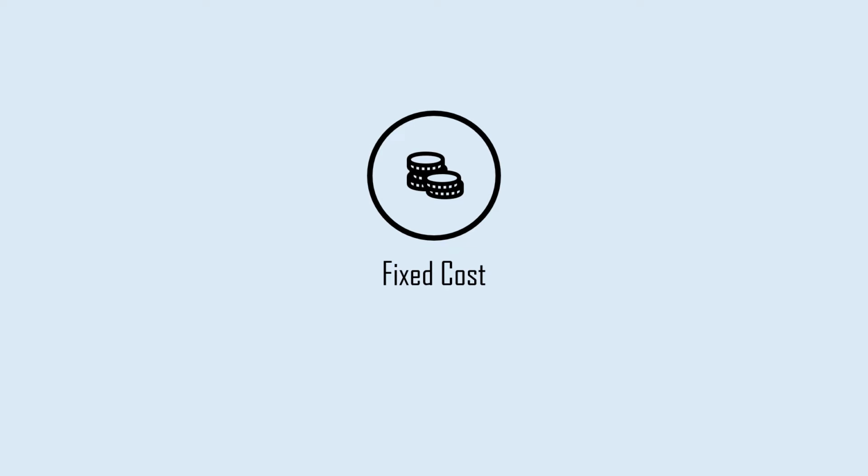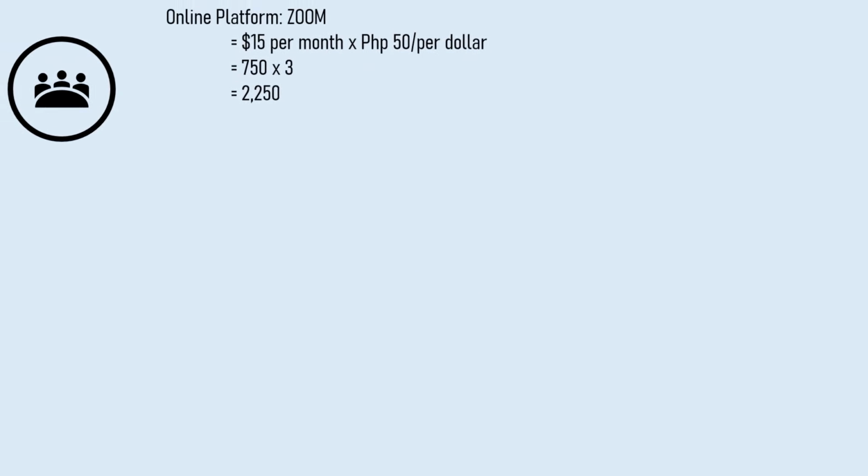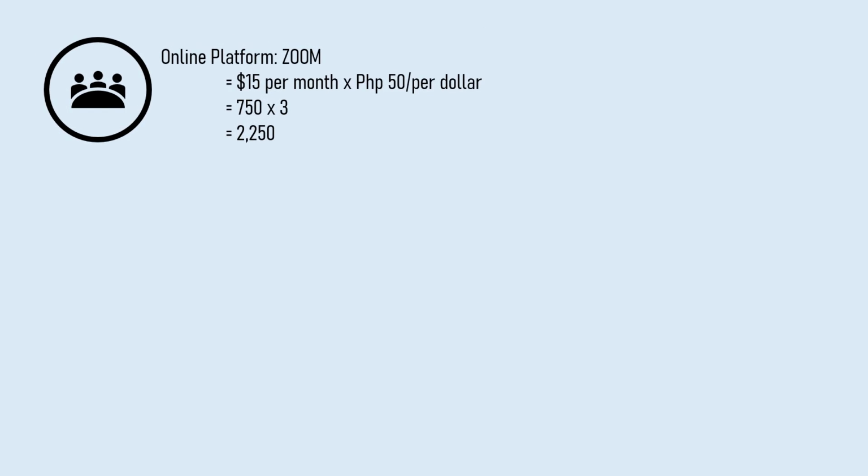The following fixed costs constitute a fixed amount to be paid per month, which is why we simply multiply this amount by 3 in order to get the quarterly amount that we have to pay. For the online platform, which we chose is Zoom, there is a rate of $15 per month, to which we multiply by 50 pesos, the per dollar rate, in order to get the 750 monthly rate, then multiply by 3 and get 2,250 for the total quarterly amount.